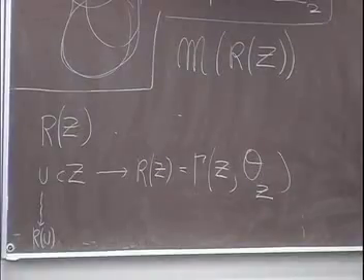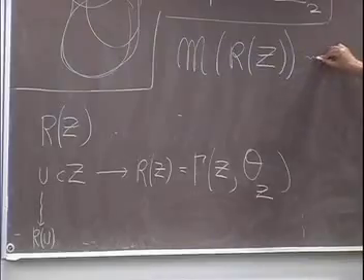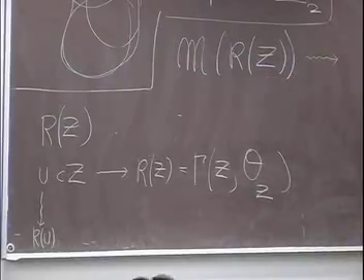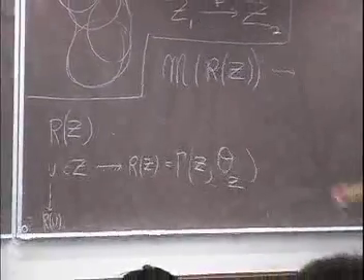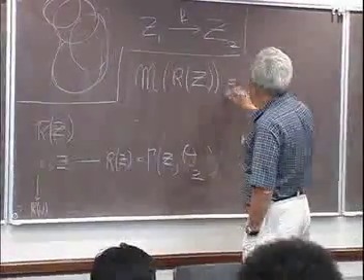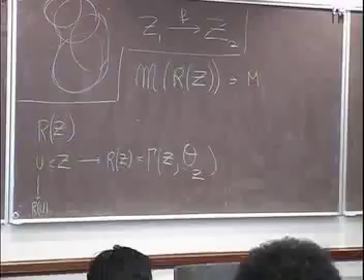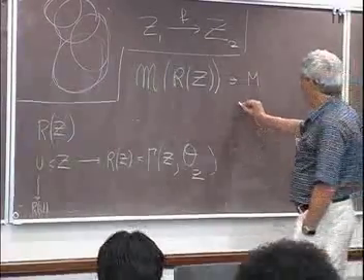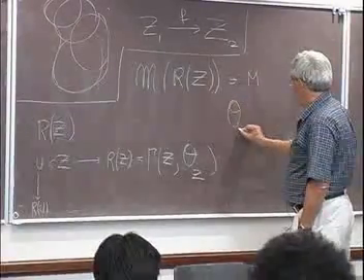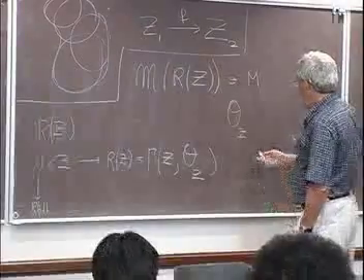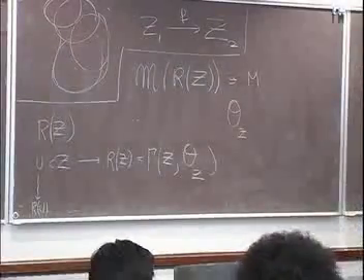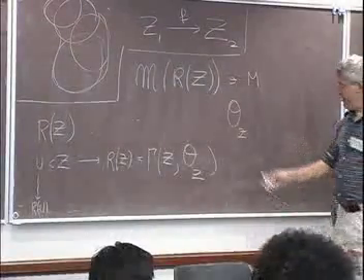So if I have a module over R of Z, what can I do with this module? Let's pick a module, say M, and I can look at the structure sheaf. What is this?